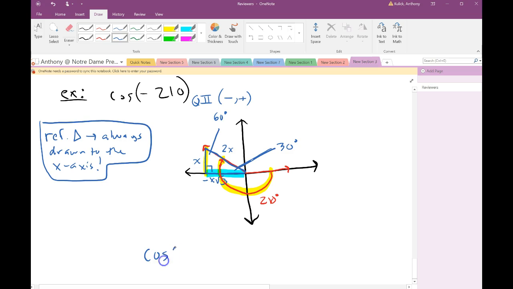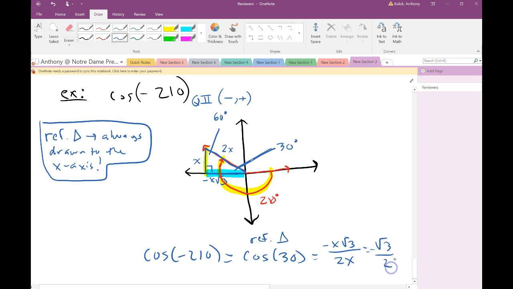So to evaluate cosine of negative 210, I really just need to find cosine of 30 inside my reference triangle. So cosine is adjacent over hypotenuse, so it's negative x square root of 3 over 2x, or just negative square root of 3 over 2.